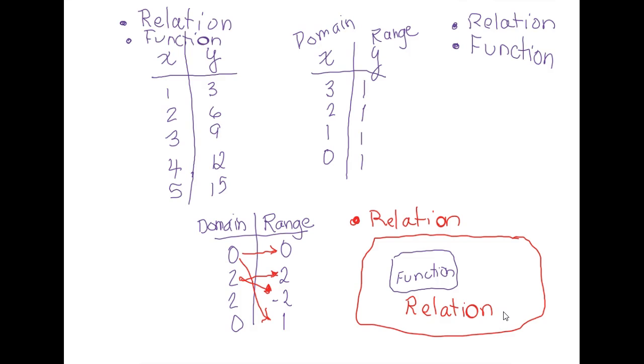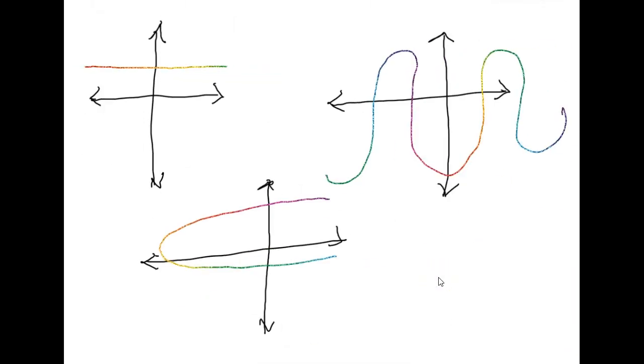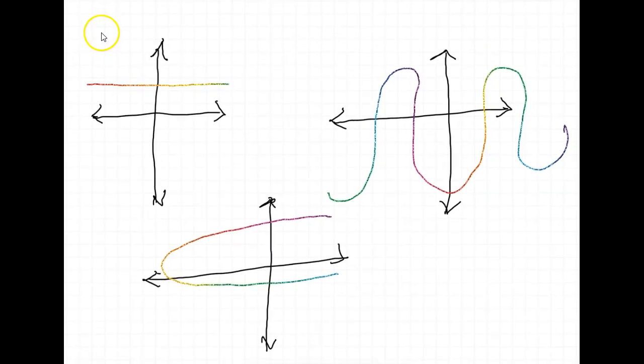I do have one more screen that I wanted to take a look at here and talk very briefly about what is referred to as the vertical line test. The vertical line test is a test that we can do where we're dropping anywhere along here.